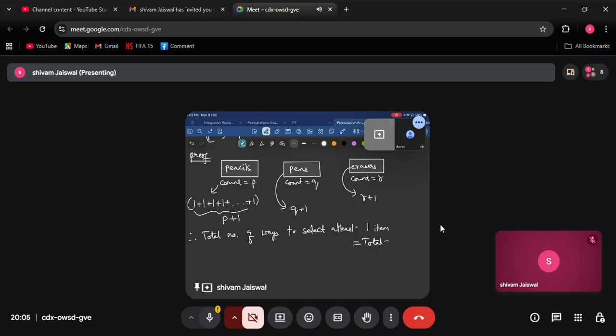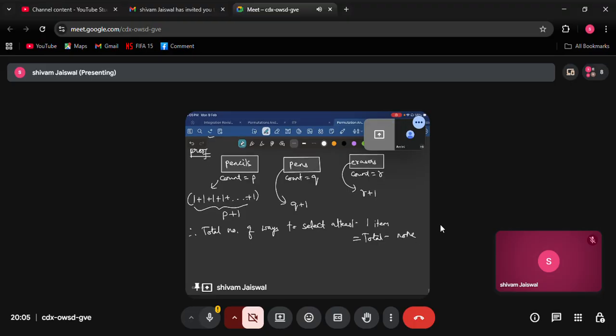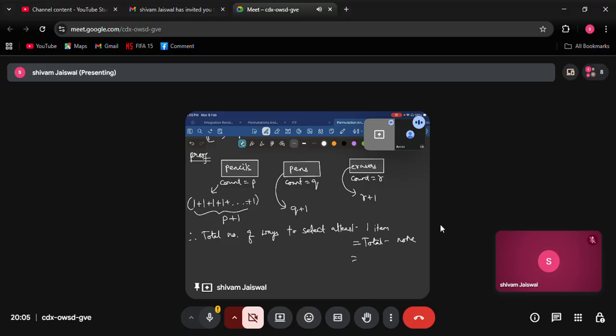So what is the total number of selections? (P plus 1) into (Q plus 1) into (R plus 1). Now you people tell me, in how many ways can you select nothing? One way. One way. Means you are not even visiting the shop.